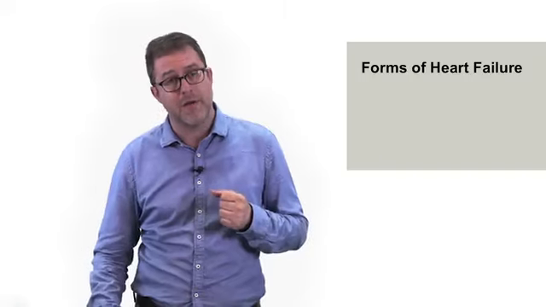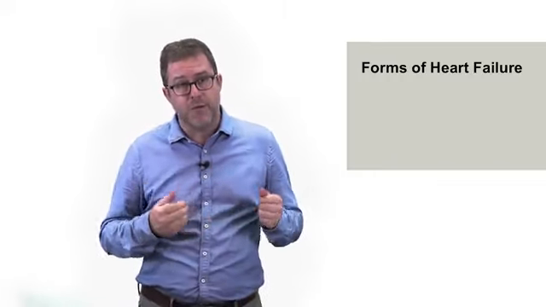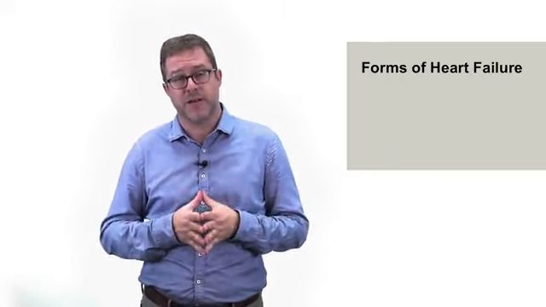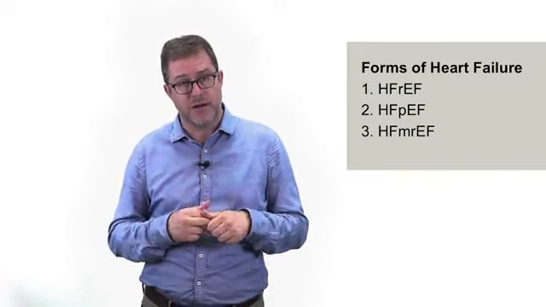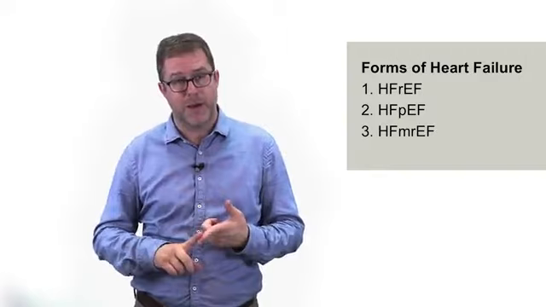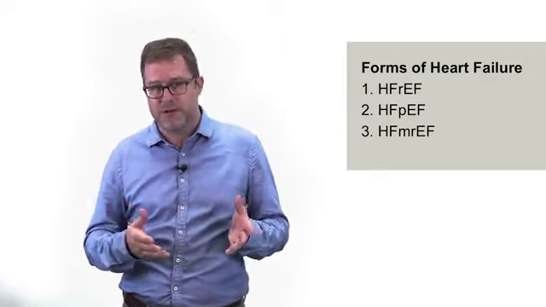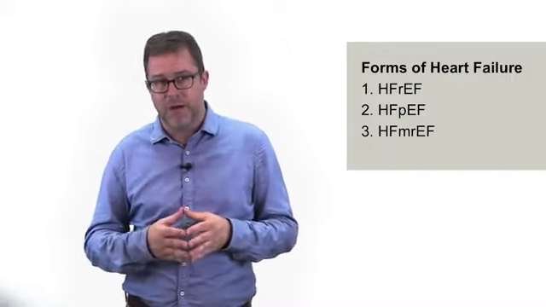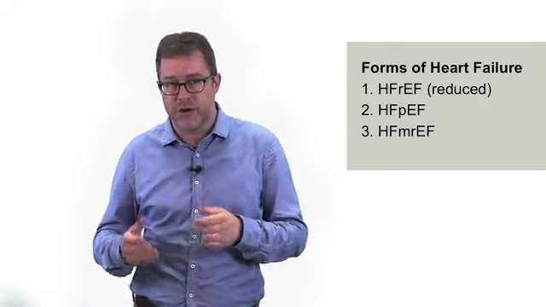So if we have done that, we can also see what form of heart failure the patient has. Nowadays, we differentiate between 3 forms of heart failure: HFrEF, HFpEF, and HFmrEF. This word sounds quite funny, but HFrEF is heart failure with reduced ejection fraction.